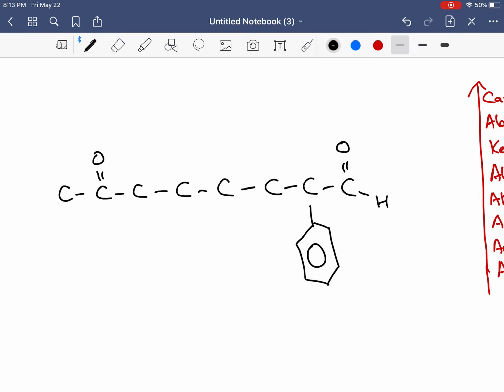I don't know why with me with aldehyde and ketone, I kind of like hang out. What about this? No big deal. Let's number those carbons.